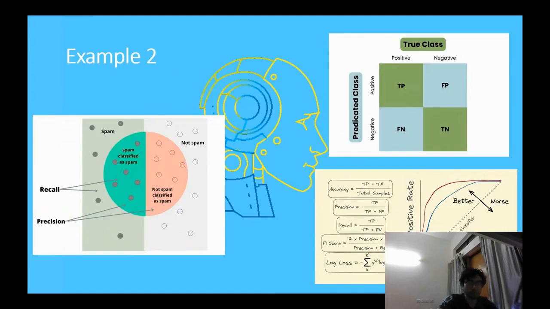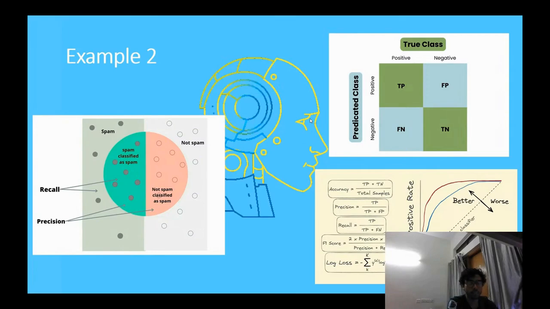Someone has asked, can you provide one more example of classification? Like fraud detection, let's say. There is a transaction on your bank account, and you want to determine whether that transaction is fraud or not.